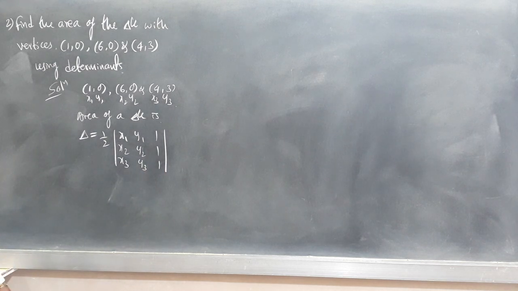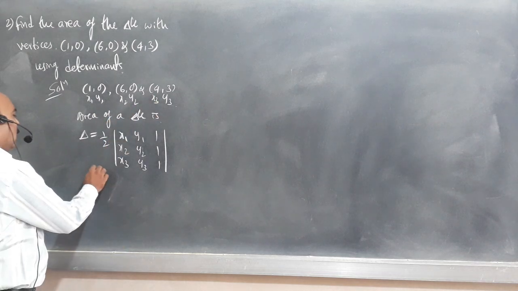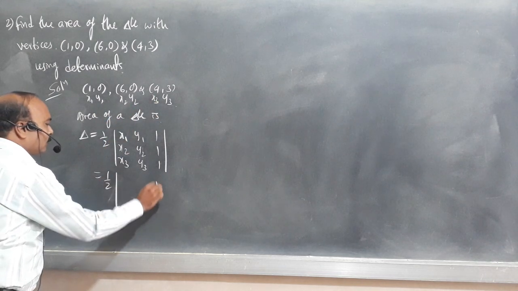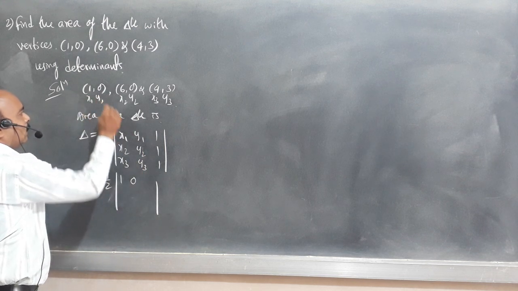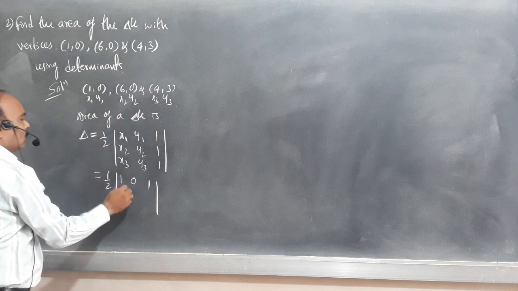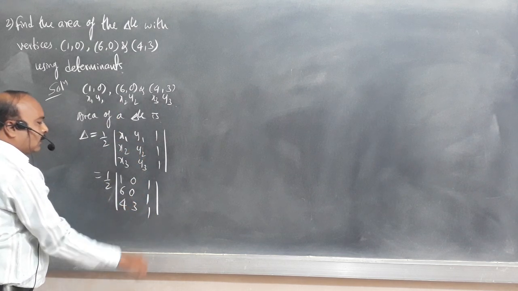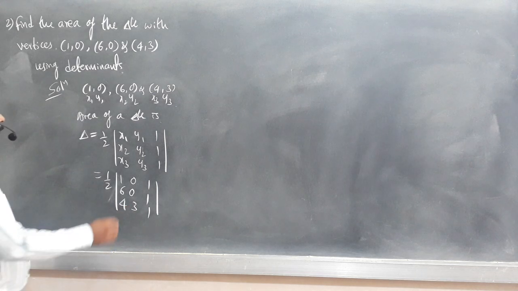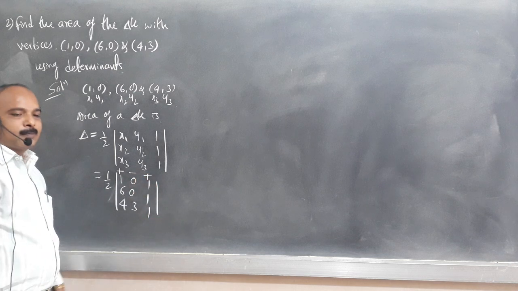Now substituting the values of x1 y1, x2 y2 and x3 y3, we get 1 by 2 times the determinant 1 0 1, 6 0 1, 4 3 1. Now we expand the determinant. The signs are plus, minus, plus.